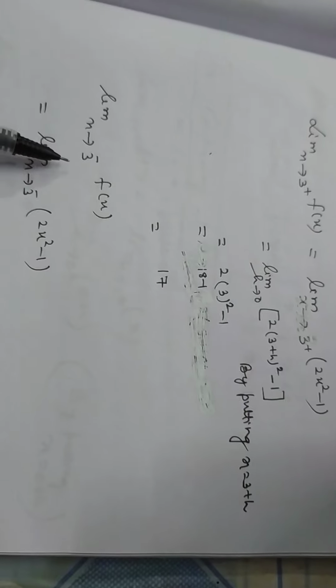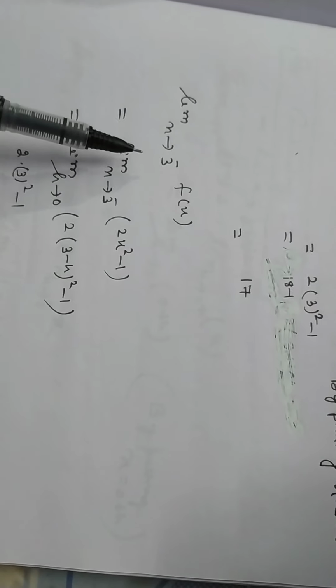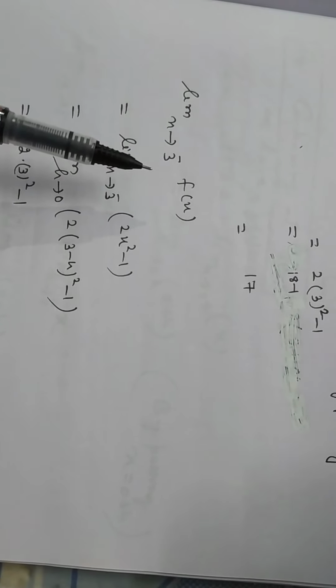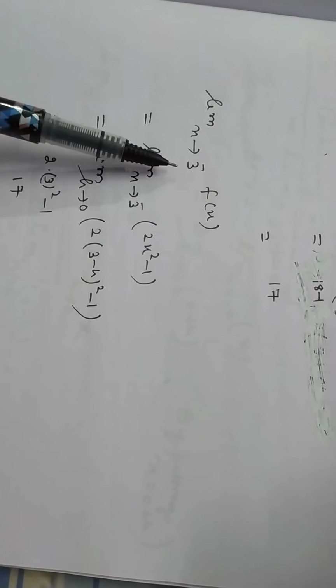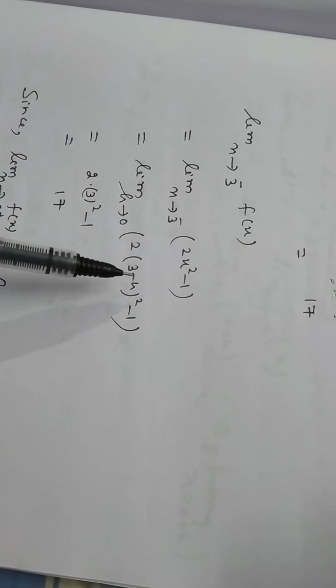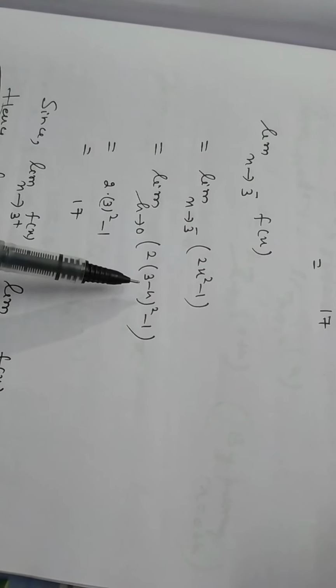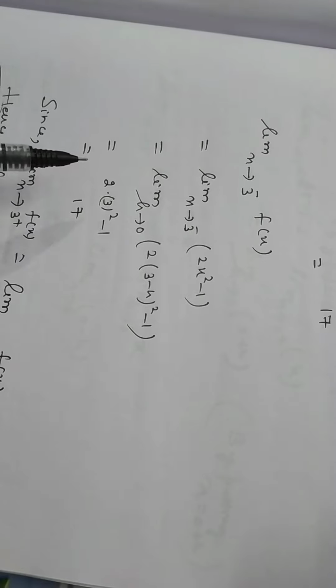So now we come to the point 3 by taking values of the variable less than 3. Then what do we observe? We put x = 3 − h, where h is any positive number.